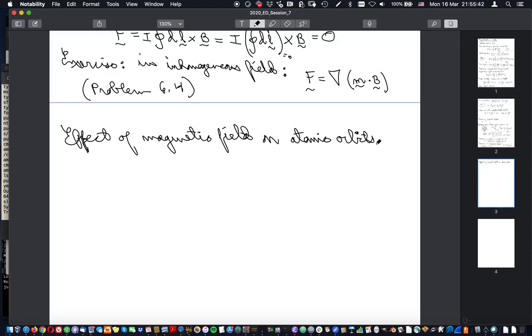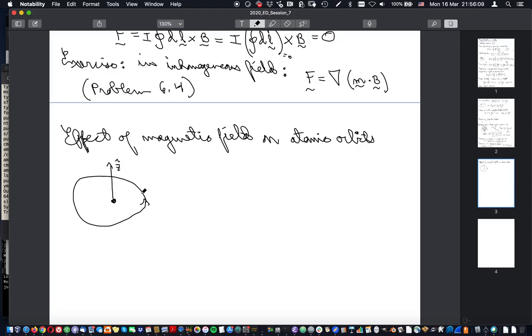So this is quite basic. The idea is that let's say you've got your atom here, and you've got your electrons flying around in circles around this. Now let's imagine that, so this is your z-axis, z hat is this way.